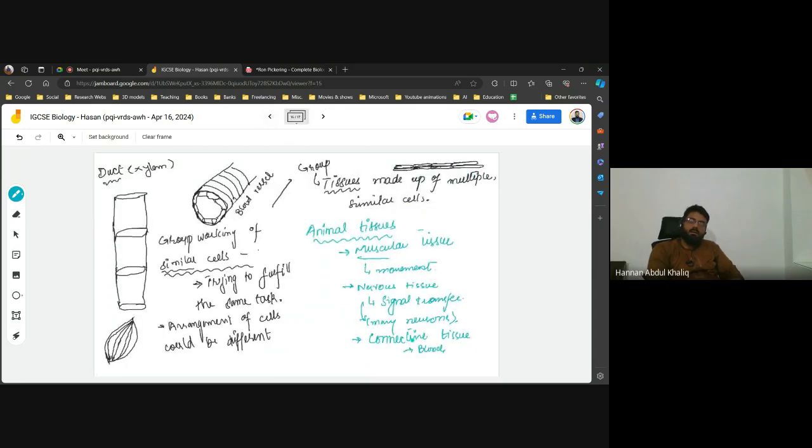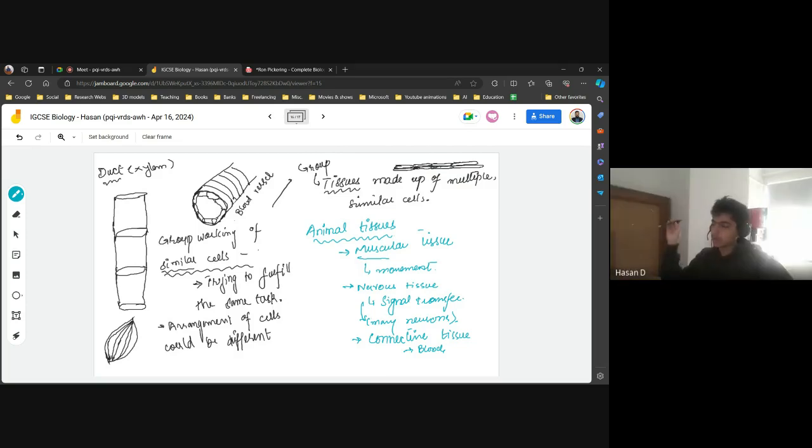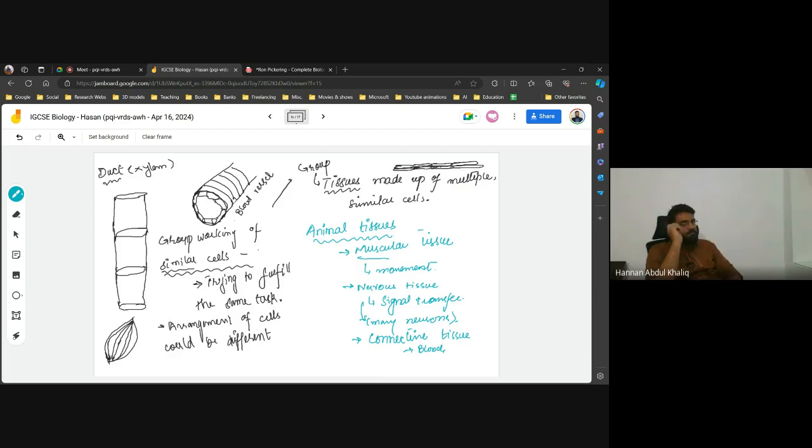So you can see in connective tissue, blood is a type of connective tissue. Can we say that blood connects different parts of the body? It transfers things to different parts of the body, but it doesn't physically connect.